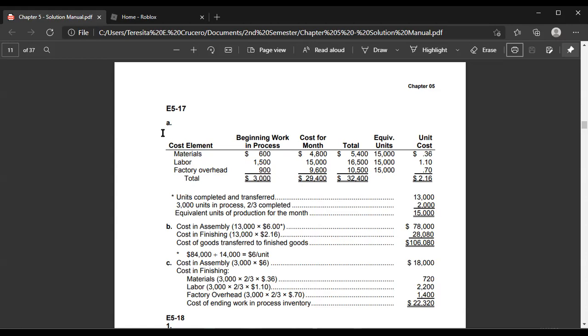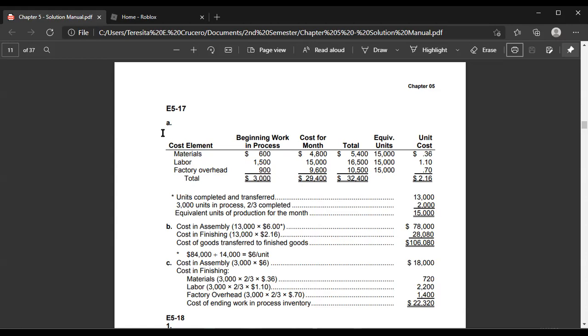Given is 84,000 here, and we divide it by 14,000 units received from assembly. So from the assembly department, you have the cost per unit of 6. So dividing 84,000 by 14,000, you get 6.